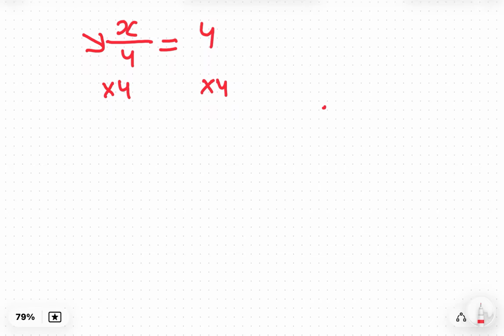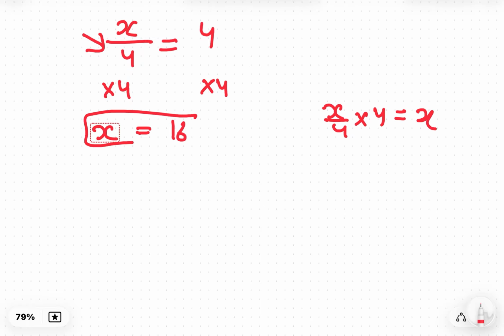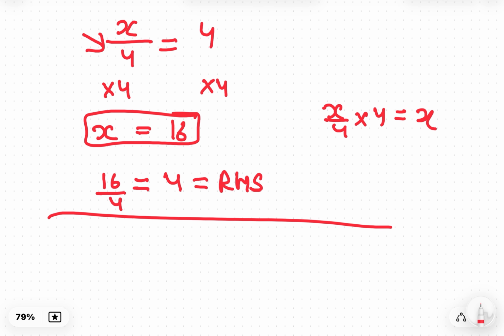So if you multiply x upon 4 by 4, then you will get x. x is equal to 16, which is your answer. Now you can put the value of x in the equation and you will get the right hand side. That means your answer is correct.